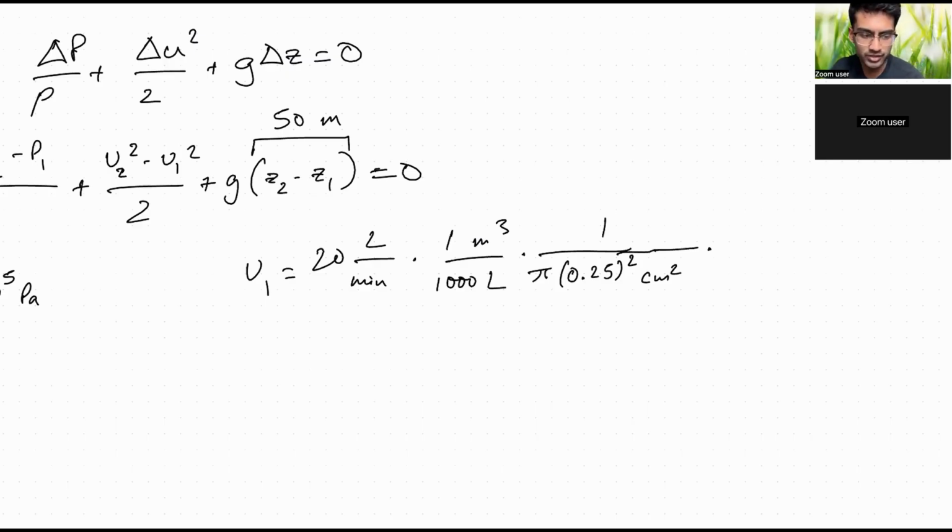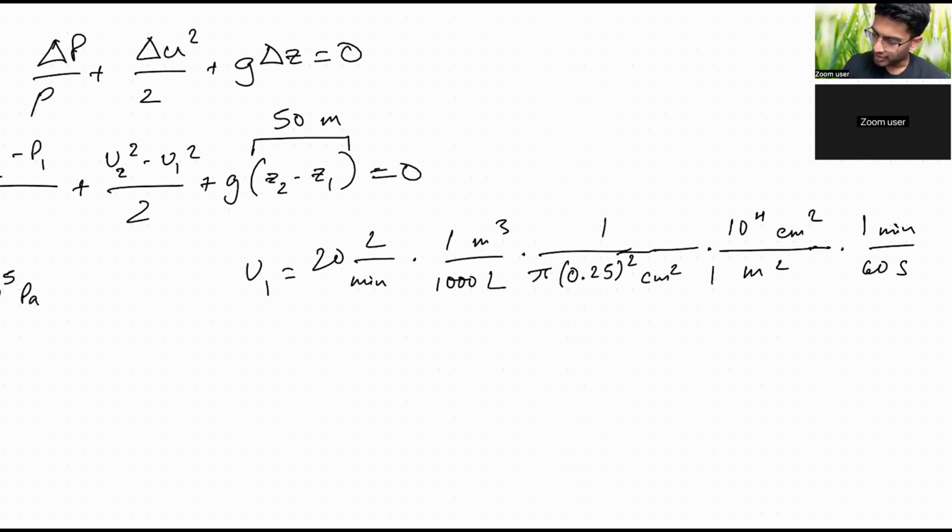We also know that there is 10 to the 4th centimeters squared for every 1 meter squared, converting that to an area. And then lastly, of course, 1 minute to 60 seconds.